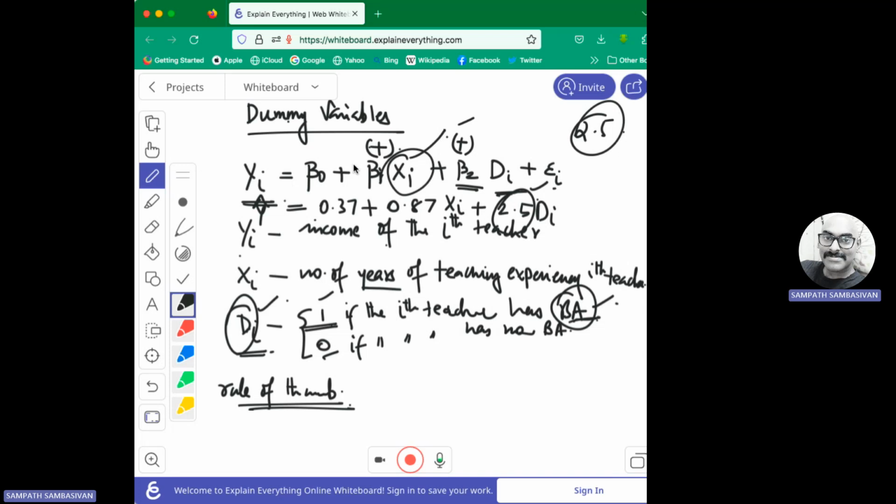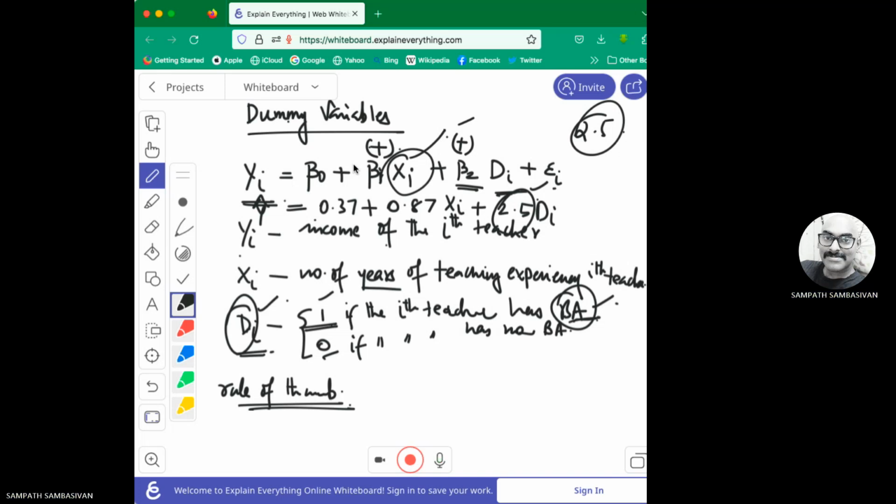In a very commonsensical way, if you think about it, the salary of a high school teacher will naturally be higher if he or she has greater years of experience, and it would obviously be higher if he or she possessed a BA degree, isn't it? So there are two conditions. One is having a BA degree, the other not having a BA degree. And we have assigned the value 1 for the teacher having a BA degree.